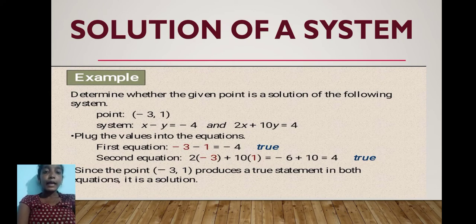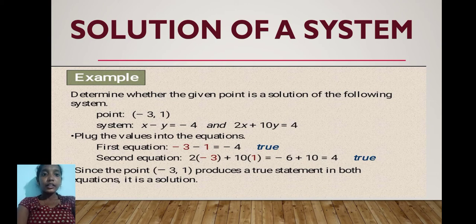Solution of a system. Here is an example of a linear equation. The question is determine whether the given point is a solution of the following system. The given point is (-3, 1) and the system of the equations are x - 3y = -4 and 2x + 10y = 4. Plug the values into the equation. The first equation is -3 - 3(1) = -4. Hence the first equation is a true equation.